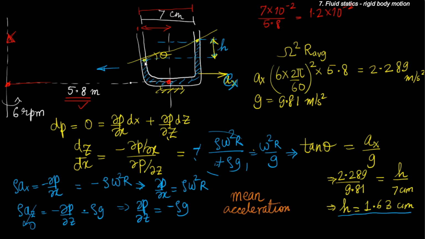But the acceleration at this point of the fluid and the acceleration at this point of the fluid is different, because this point of the fluid will have an acceleration smaller than the acceleration at this point. And this entire thing is tantamount to some large mass of fluid which is rotating and causing the shape of the fluid to become something like this.